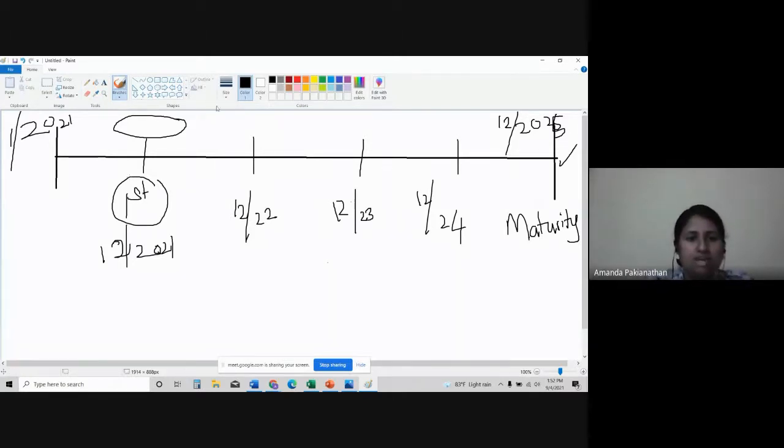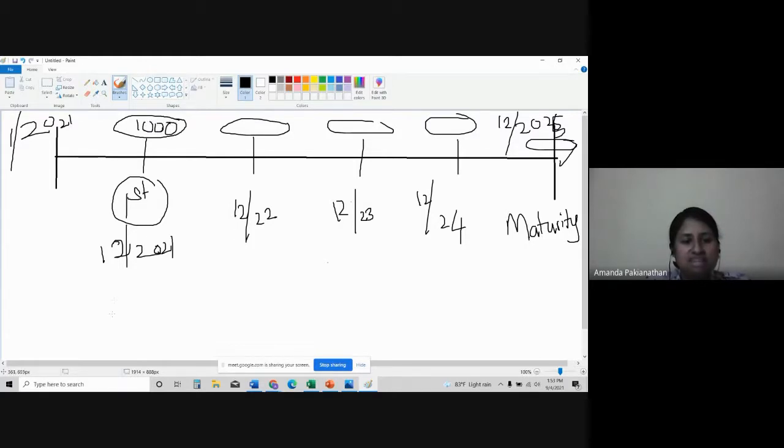Now, even though the amount is similar across all these, the timing is going to be different. Let's say the coupon payment is 1,000 rupees. The 1,000 I get this year December is more valuable to me than the 1,000 I'm going to get in 2022 or 2023.